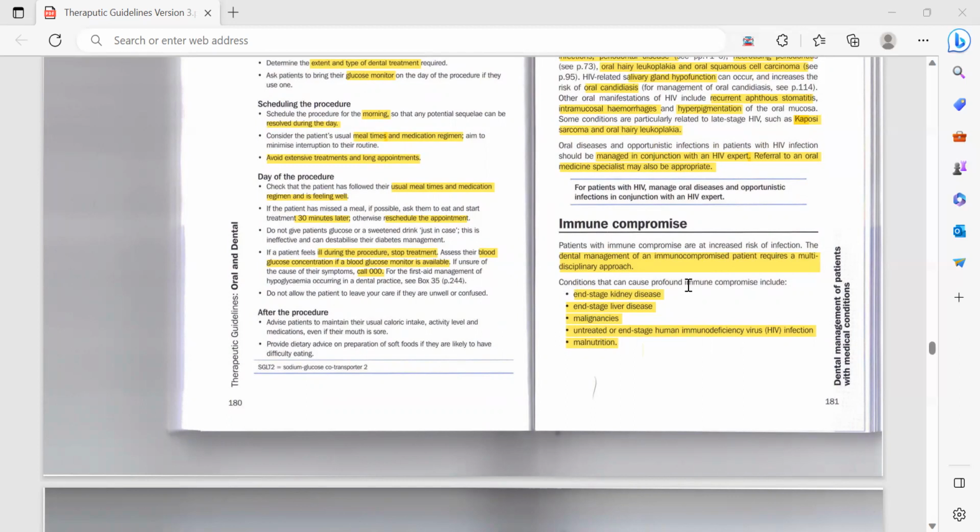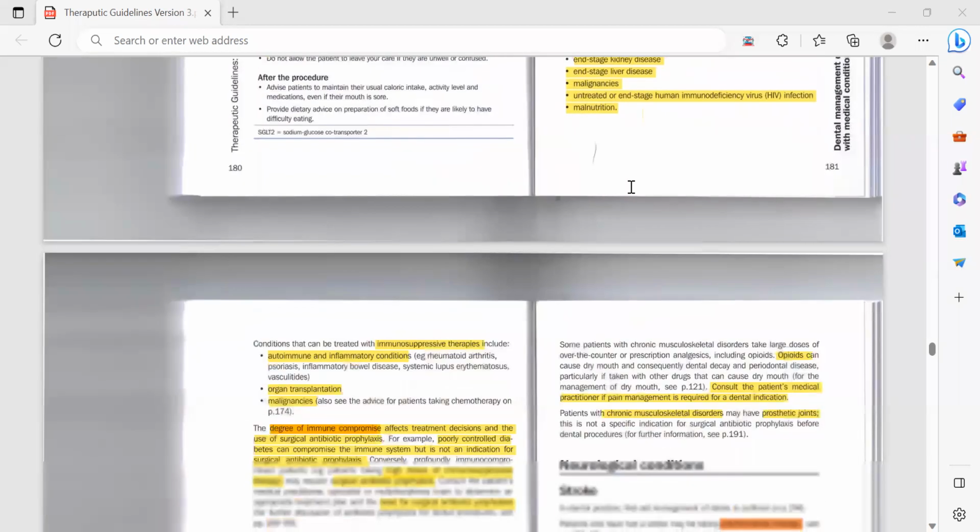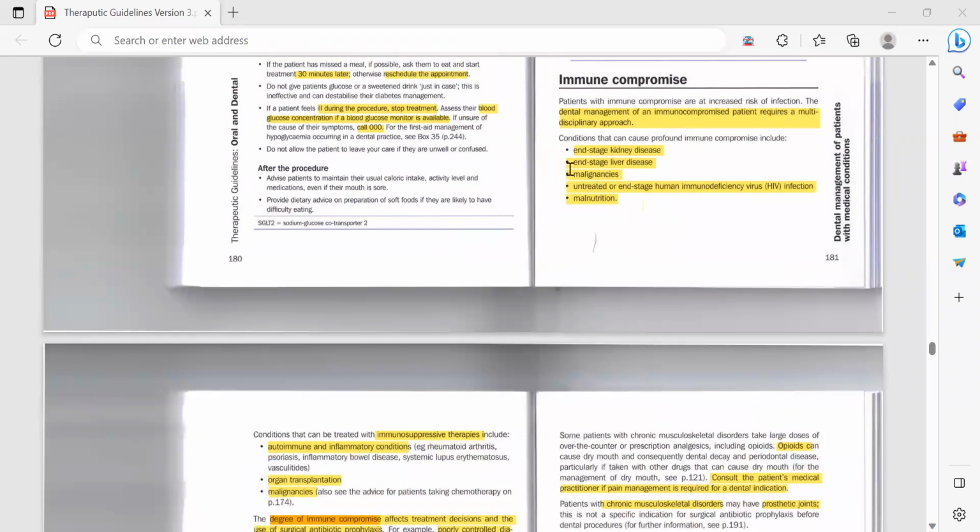Conditions that can cause profound immune compromise include end-stage kidney disease, end-stage liver disease, malnutrition, untreated or end-stage HIV infection, and malignancies. Okay, so kidney disease, liver disease, HIV, malignancy, and malnutrition. So these are the conditions in which the patient would be profoundly immunocompromised.